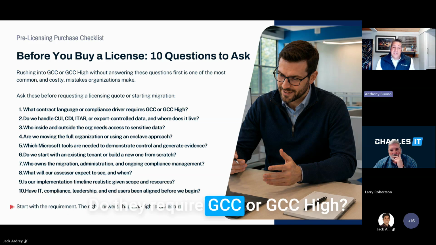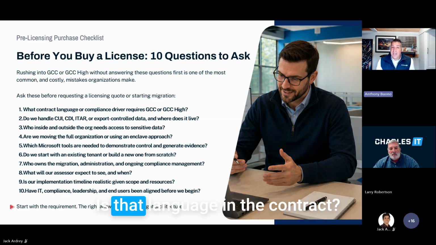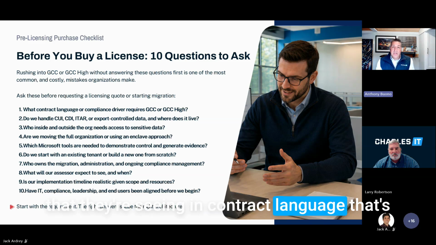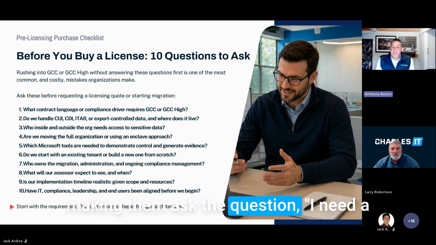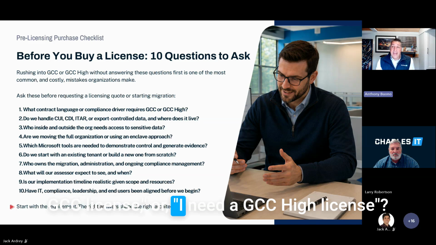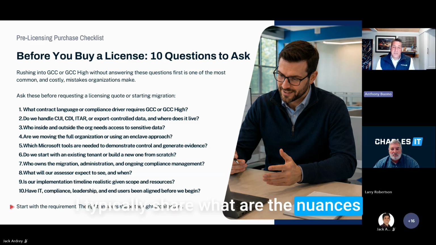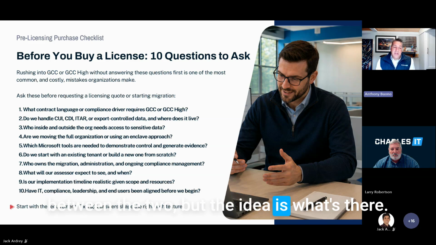Do they require GCC or GCC High? Is that language in the contract? Are there certain compliance drivers they're seeing in contract language that's making them say, I need a GCC license, or I need a GCC High license? And do they even understand the differences between them? I typically share the nuances between the two.